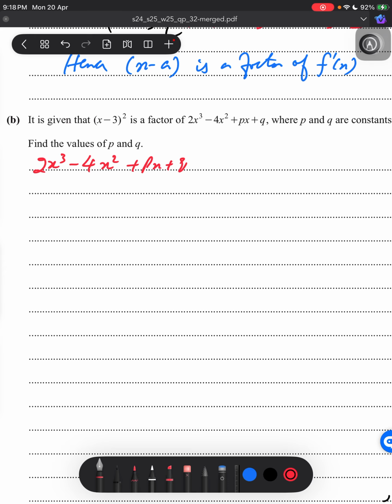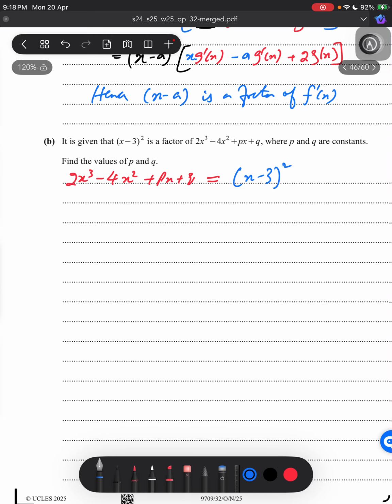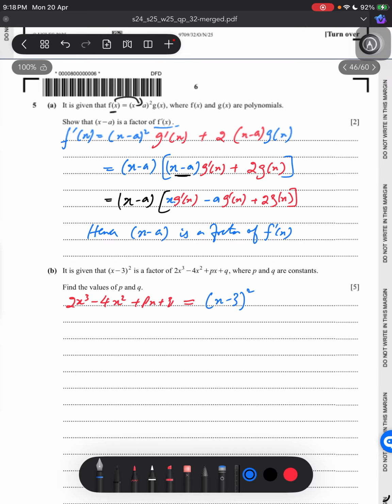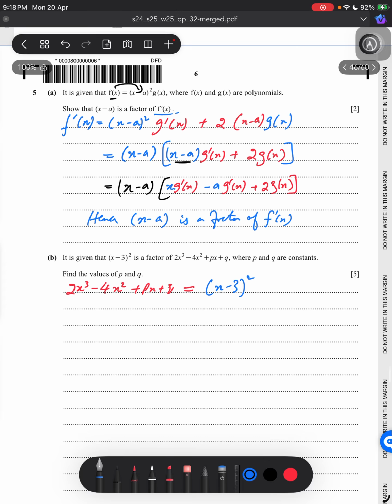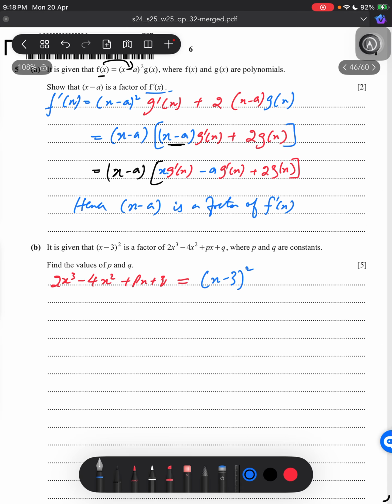Px plus q. This must be equal to the given factor, okay, and it is given that the factor of this, and previous value for instead of a we have square now.